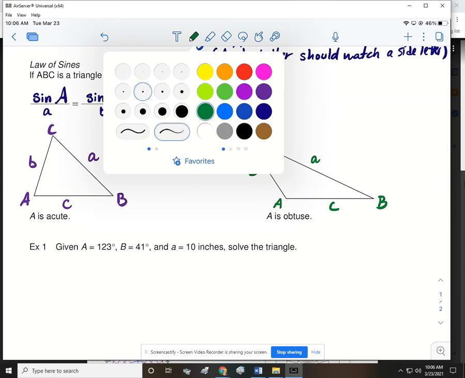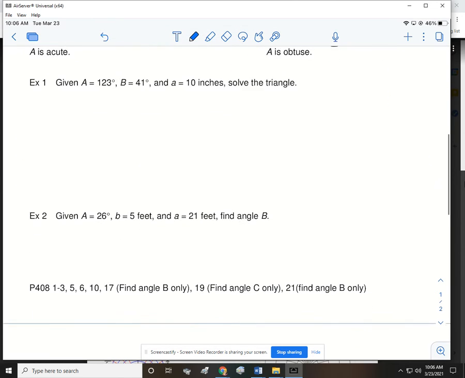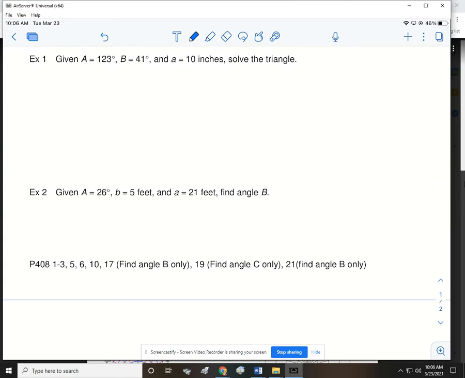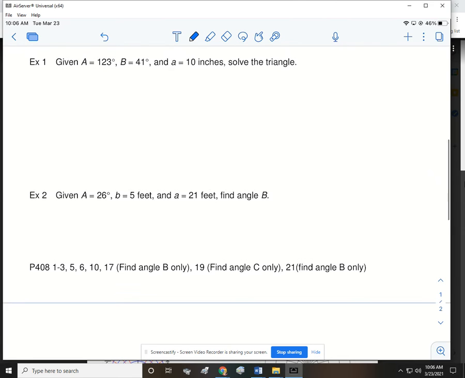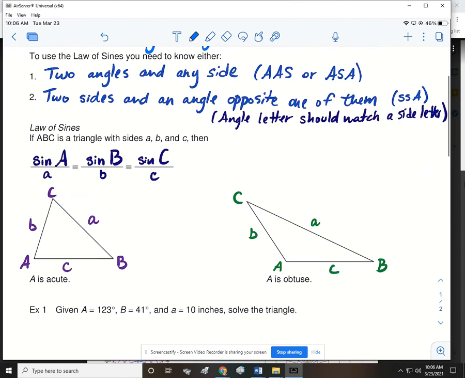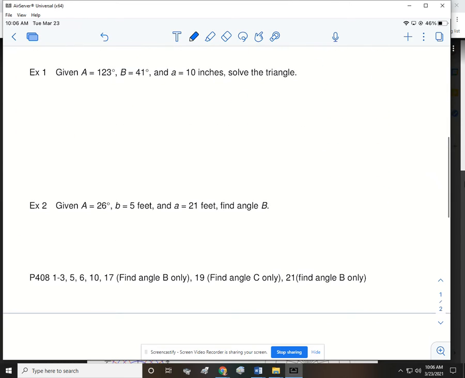All right, so let's do one of these problems. On number 1, we're given angle A is 123 degrees, angle B is 41 degrees, and side A is 10 inches, and we're going to solve the triangle. This one goes with the first possibility, 2 angles and any side, so we are going to use law of sines.